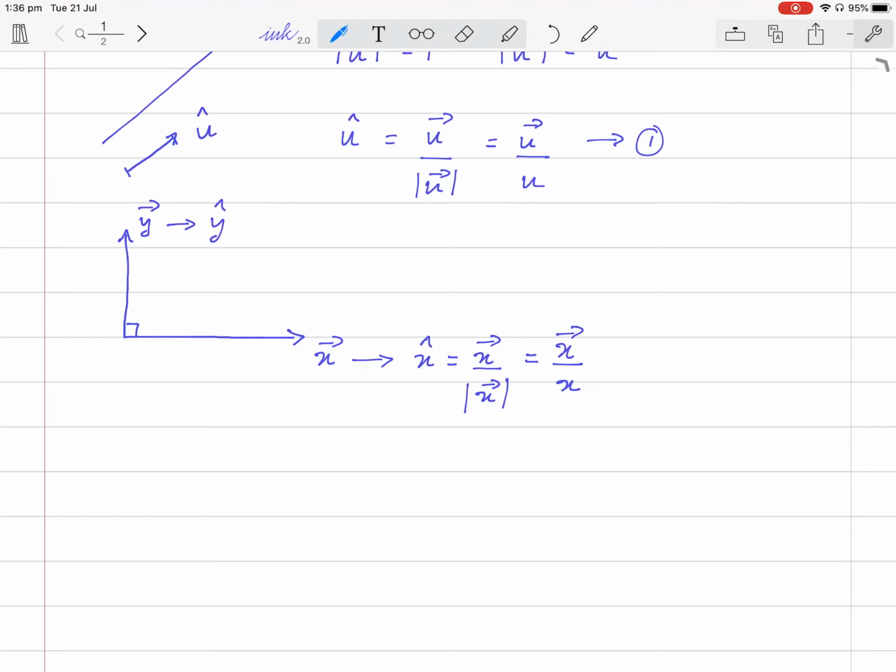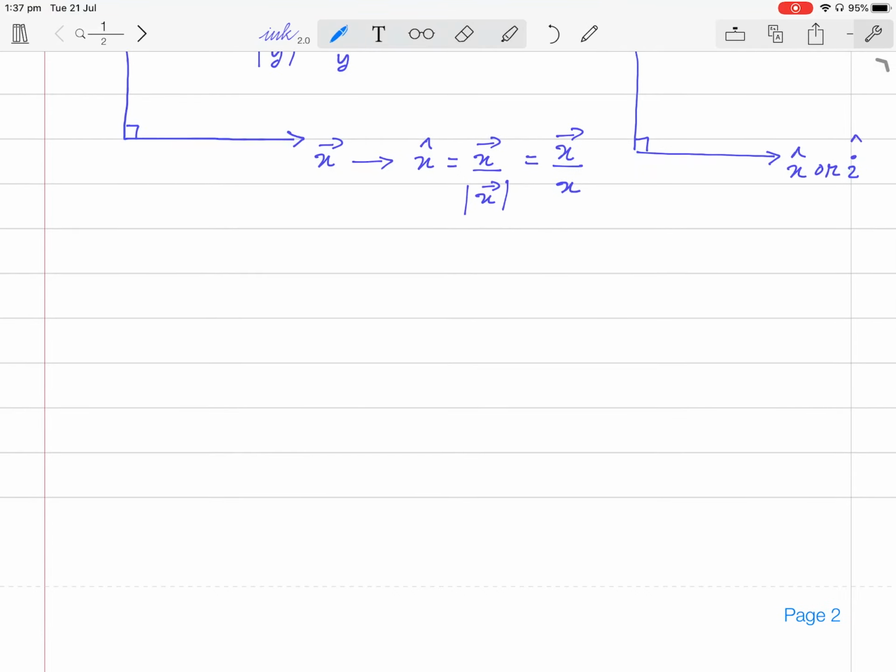Similarly, y hat is equal to y vector divided by y vector magnitude, that is y vector divided by y. Now, you might have seen in many books that we define unit vectors as i hat, j hat. These are the typical notations that we have in books.